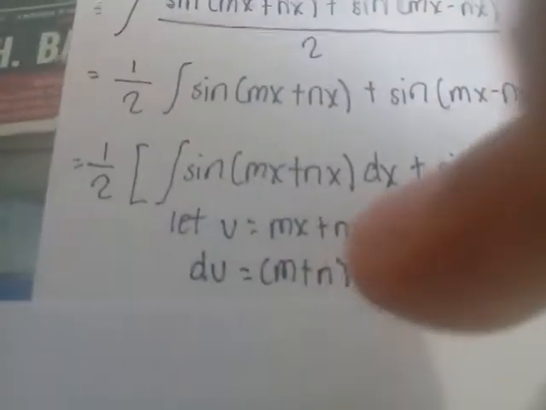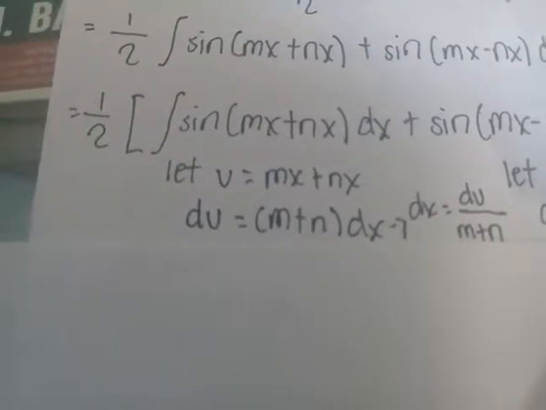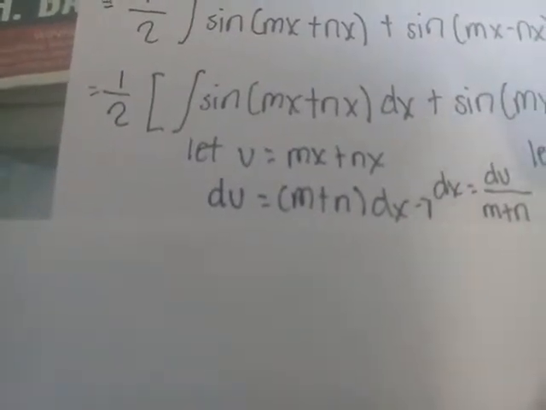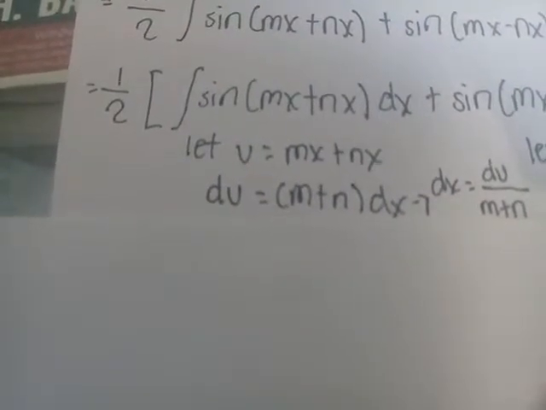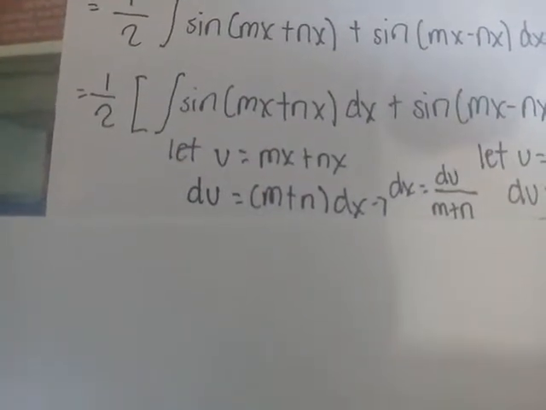For that one, we will convert the mx plus nx into its u. So let u be mx plus nx, du will be m plus n. Since m and n are the constants, we will now remain with m plus n, then dx.